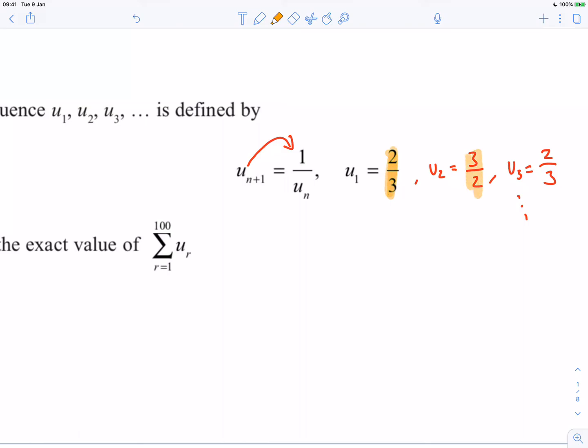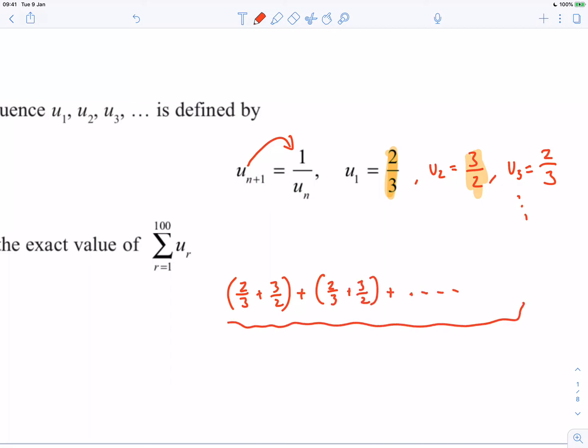So what happens if I were to add 100 of these terms? Well, I would have 2/3 plus 3/2 for the first two, plus another 2/3 plus 3/2, and so on. I would have this going 50 times. Why? Because they're in pairs, and there's 50 pairs in 100. So all I need to do is add these two together, and whatever that result is, times it by 50.